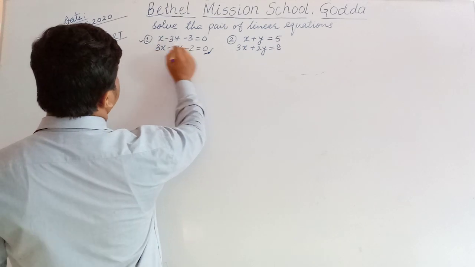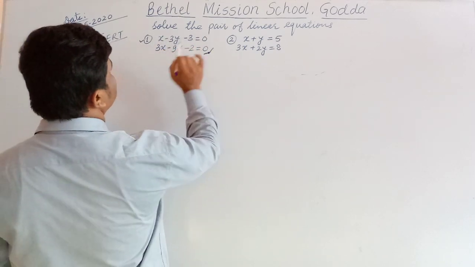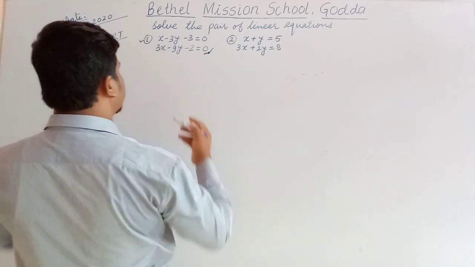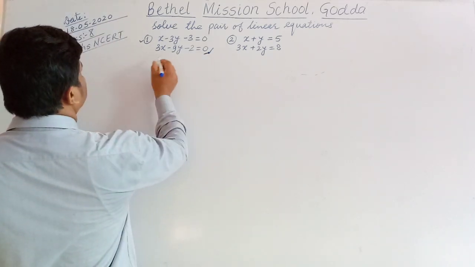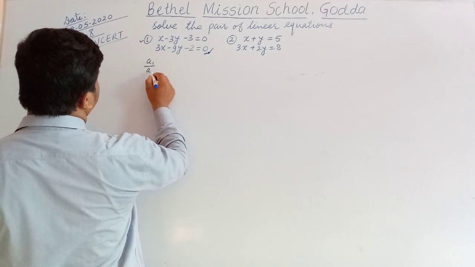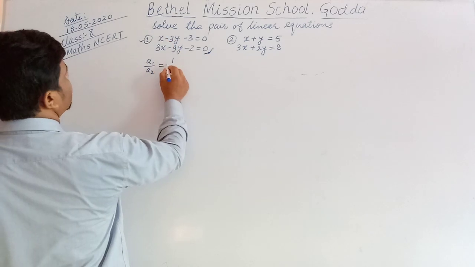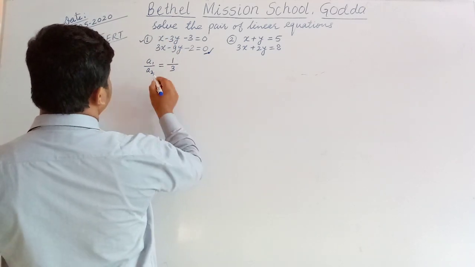You know that the first equation is in the form a1x plus b1y plus c1 equal to 0, and the other equation is in the form a2x plus b2y plus c2 equal to 0. First we will write a1 by a2. a1, the coefficient of x, is 1 here, and a2 is 3. So 1 by 3.